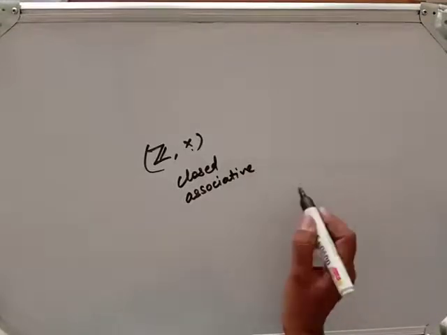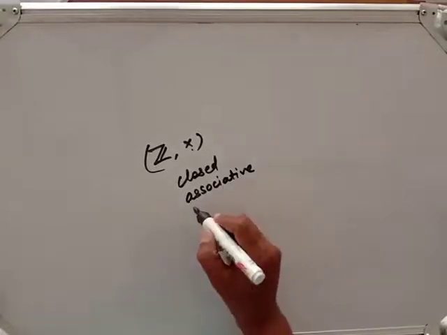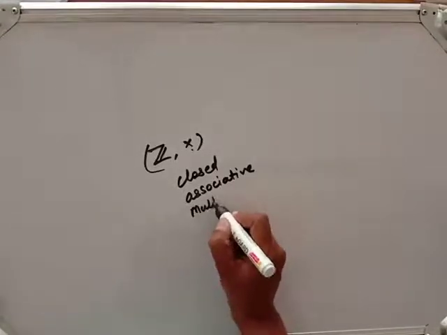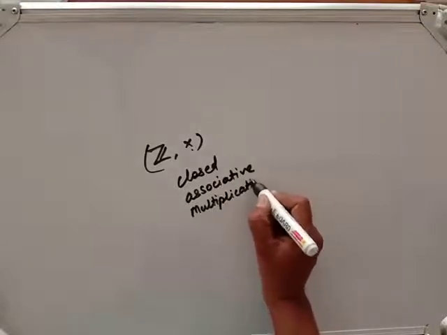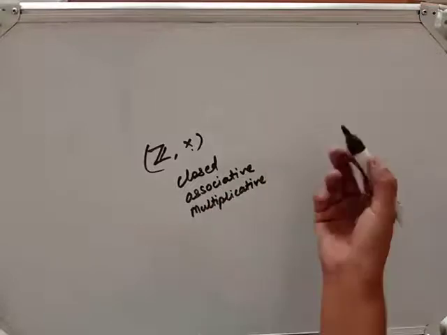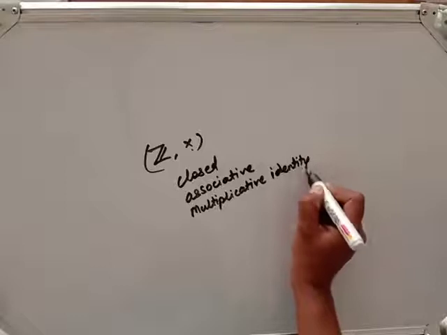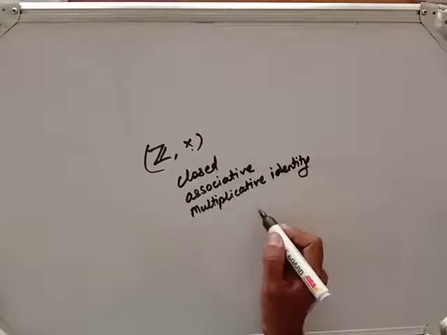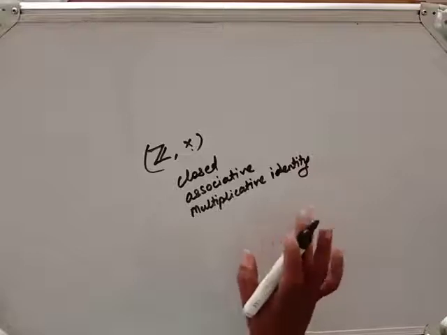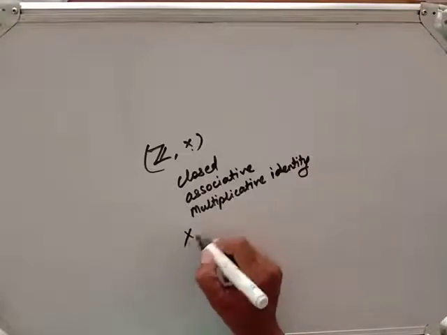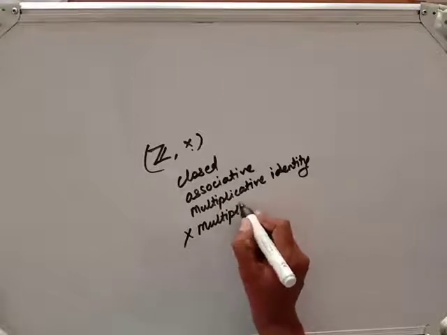Also the multiplicative identity exists. What is the multiplicative identity? It is 1. If we multiply 1 with any integer, we get the same integer again. But what about the multiplicative inverse? There is no multiplicative inverse for every element, so it is not a group.